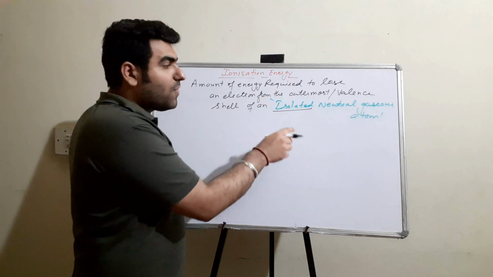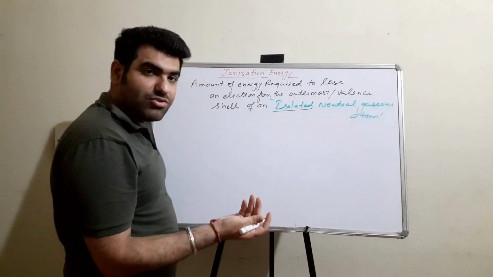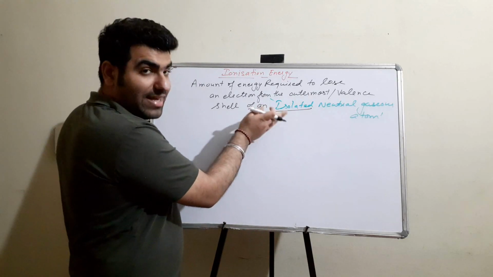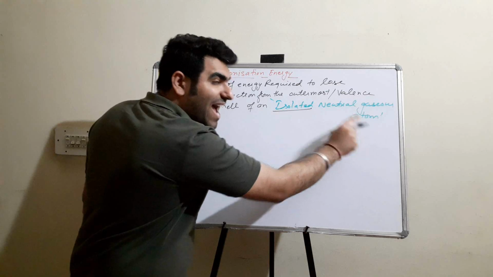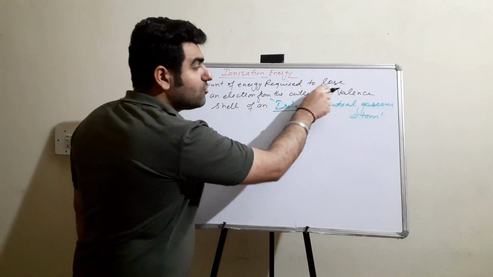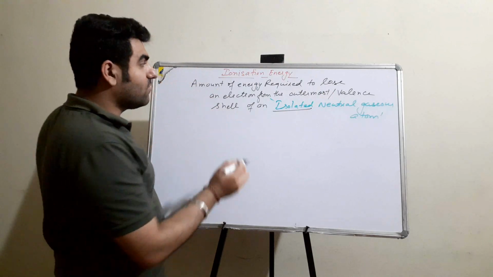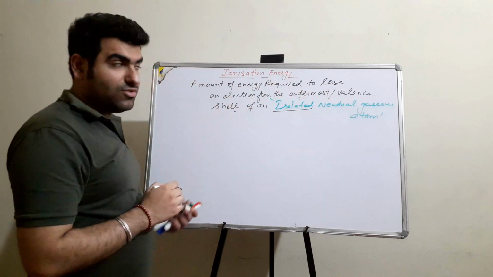So in that form, we can get an isolated gaseous atom. And the atom is neutral in nature. So we get an isolated neutral gaseous atom, and from that atom we are going to lose an electron. Alright? From where? From the outermost or the valence shell.